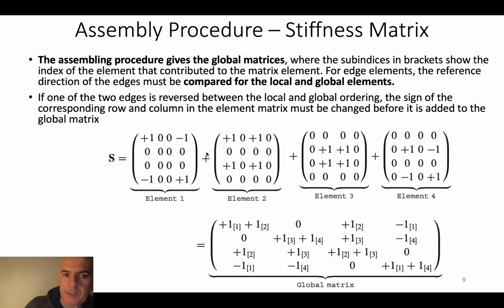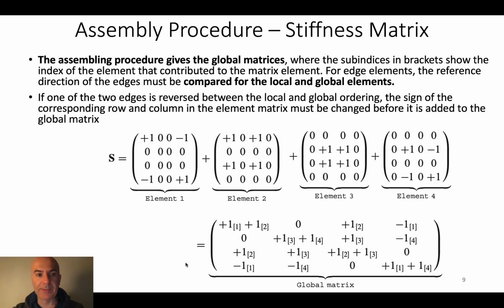So if this happens here, instead of having a plus, we are going to have a minus. So in this case, we calculate the elemental matrix for element 1, element 2, element 3, and element 4. And then we basically sum it up, right?